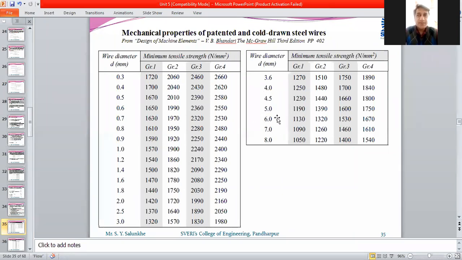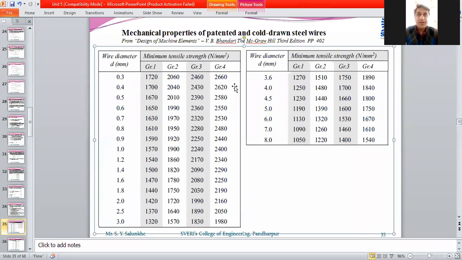Now, this type of table is available even for wire diameter more than 8 millimeter. Okay. But for that, you have to search it in the design data book. PSG, actually Gill is the right author of that design data book. So you have to refer to that design data book.